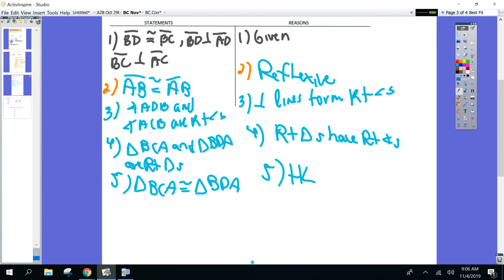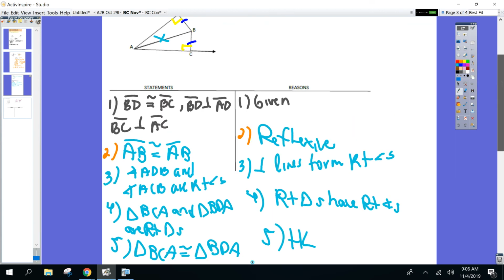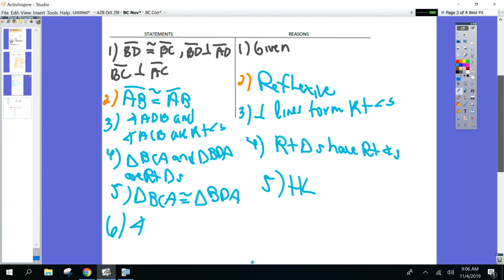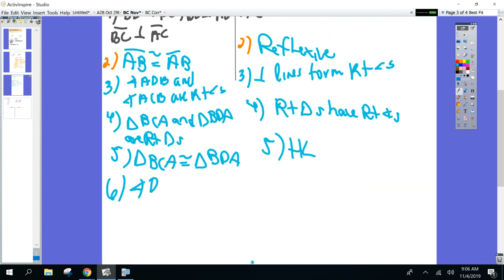So now what is true? Not the bisector part yet. That's not true yet, but the pair of angles are congruent. DAB and BAC. And they're congruent because of CPCTC, yes.